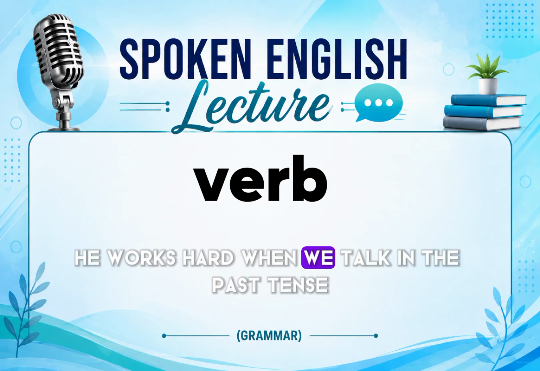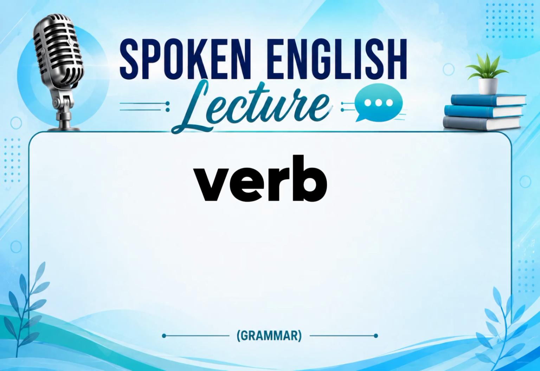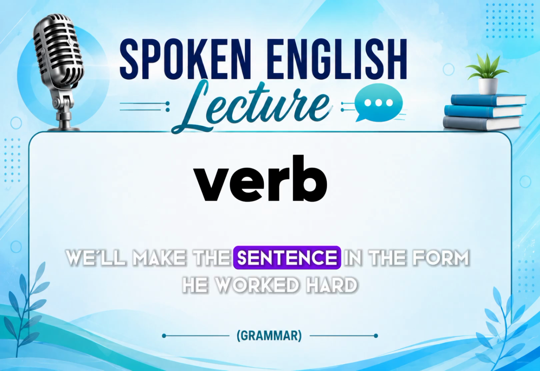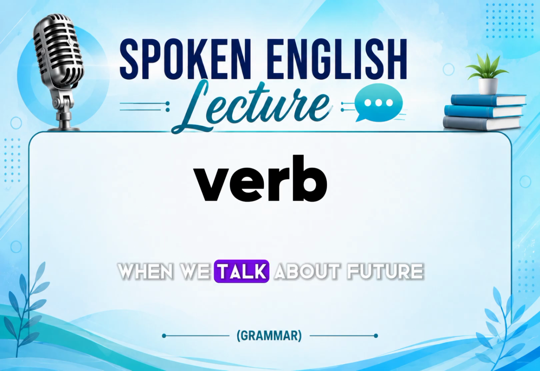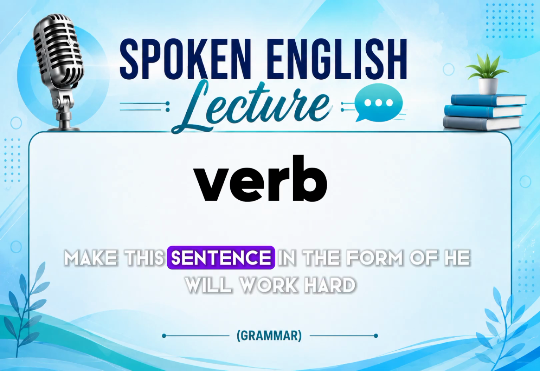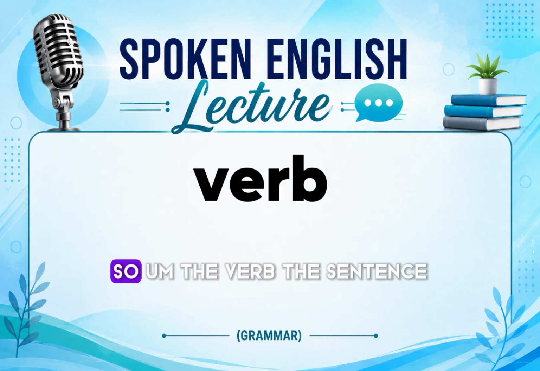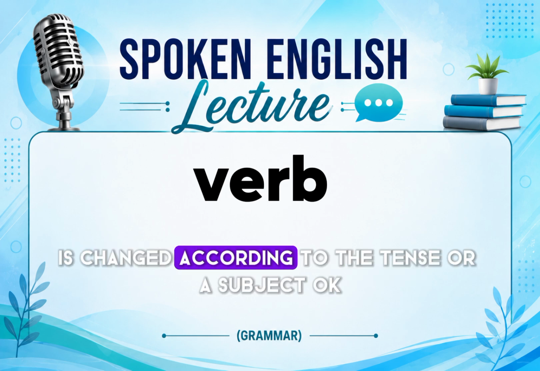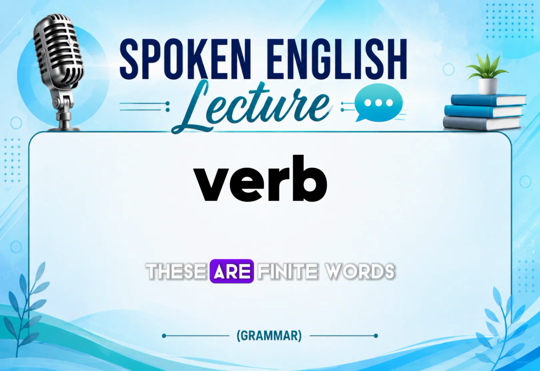When we talk in the past tense, we make the sentence in the form he worked hard. When we talk about future, we can make the sentence in the form he will work hard. So the verb in the sentence is changed according to the tense or subject. These are finite verbs.